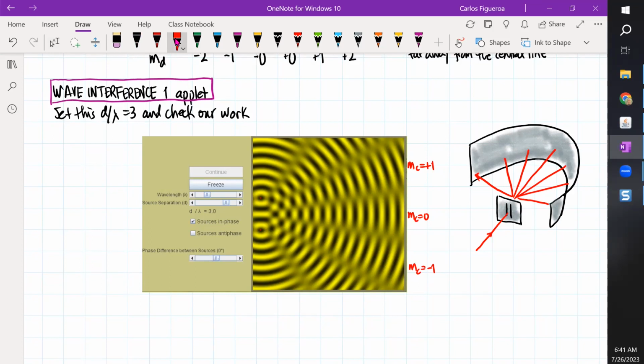Then down here, I have MC equal to -2, and this guy is MC equal to +2. But look at the edges here. What the edges show is that this has to be MC equals +3, and this is MC equal to -3.